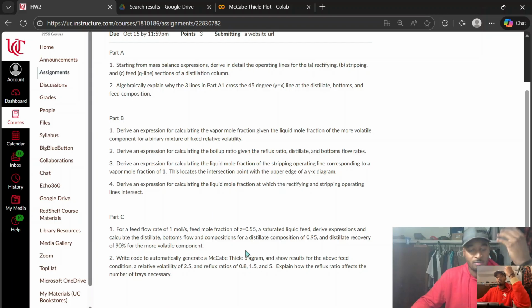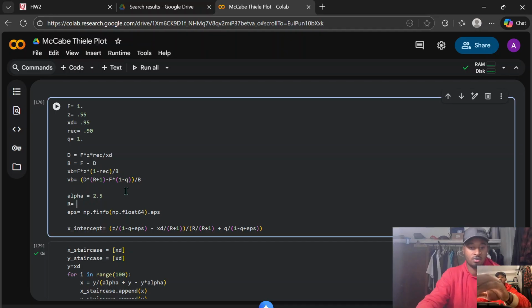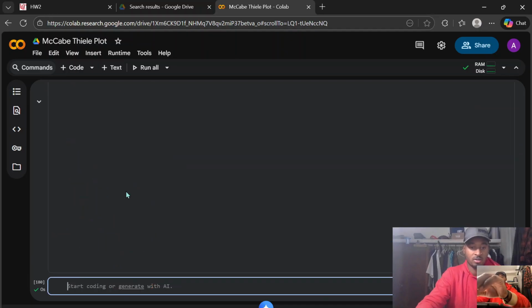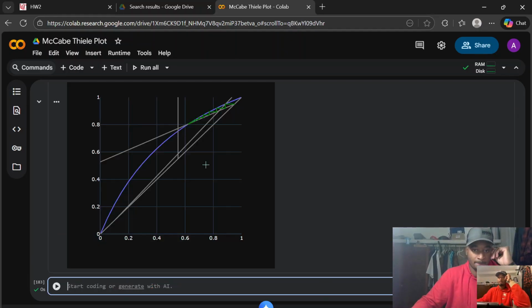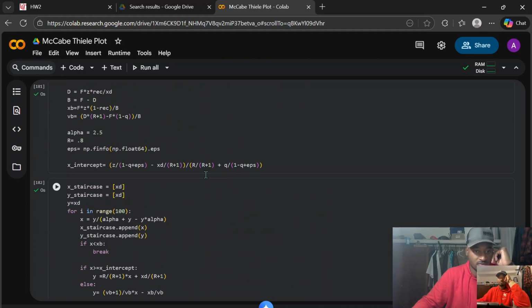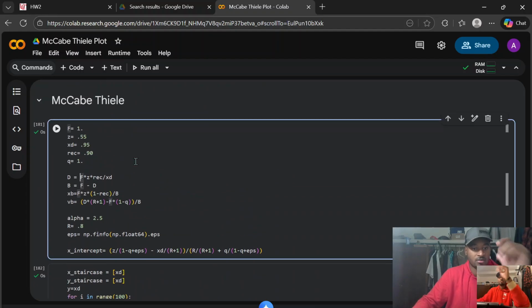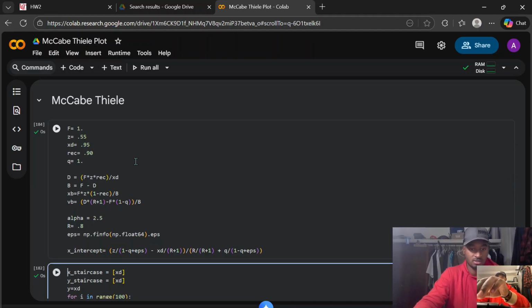But now basically we can test out the varying reflux ratios. So here we have 0.8. It's not right at all. Okay, let's try this.